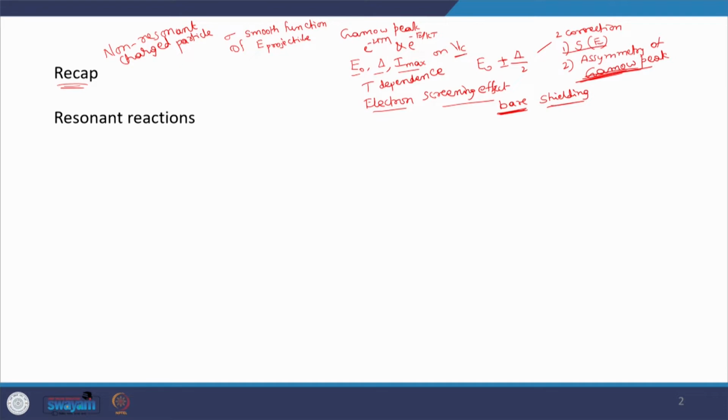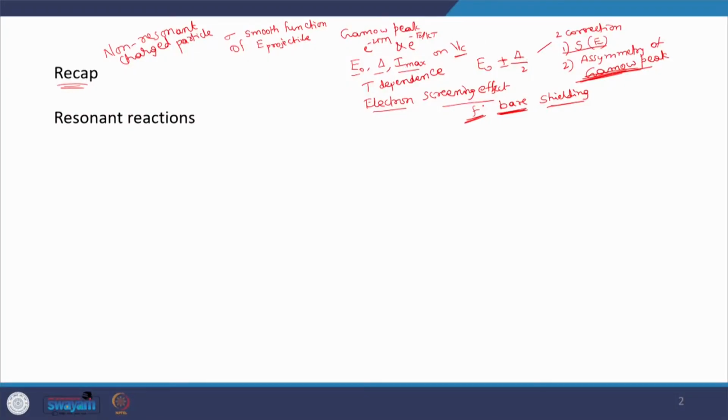In fact, you have the atoms inside the target material. So, whether the presence of electrons surrounding the nucleus will have any role in the measurement of cross section, the conclusion we have seen was that it is negligible. Except at high stellar density, one can ignore the electron screening factor small f. So, up to this we have discussed in the previous lectures.